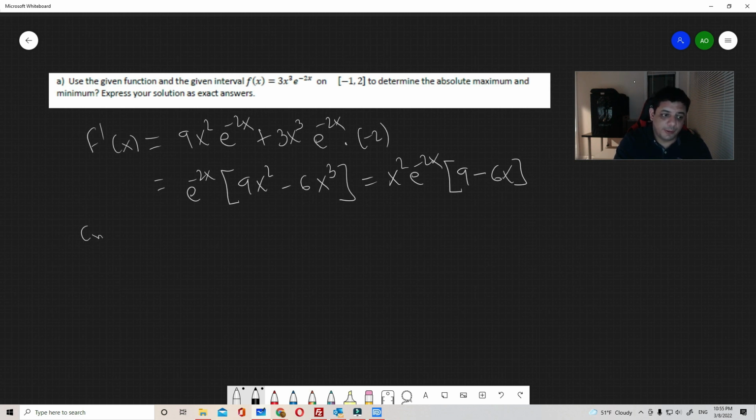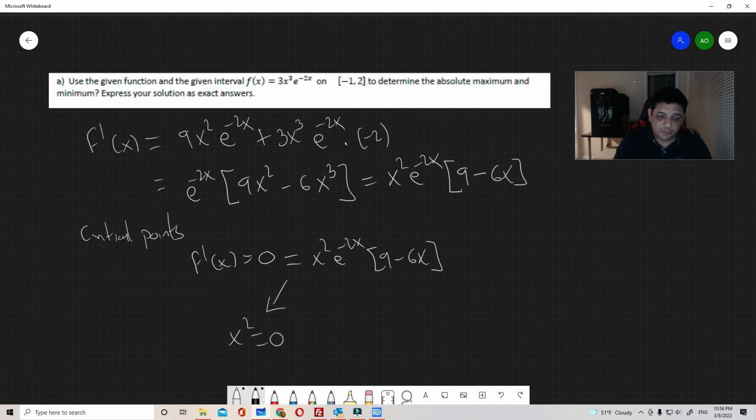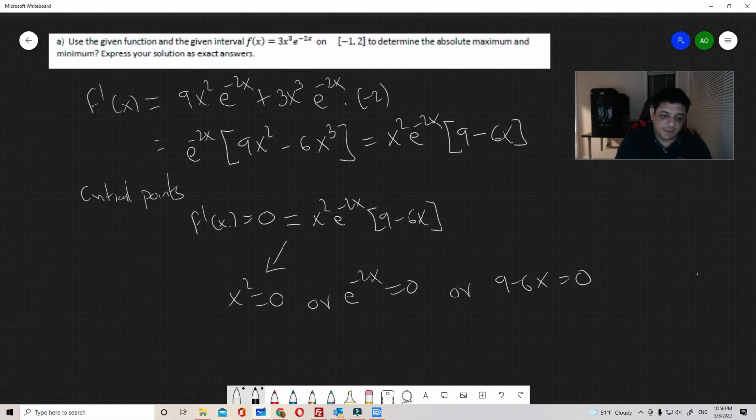So for critical points, we're going to find out where the derivative is equal to 0. So that means x squared e to the minus 2x times (9 minus 6x) being equal to 0. That gives me the following options. x squared is equal to 0, or e to the minus 2x is equal to 0, or 9 minus 6x is equal to 0. Now notice this is going to give me x equals 0 on this side, and the exponential is never 0.